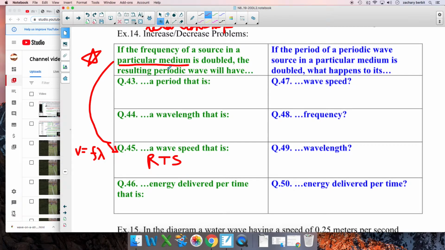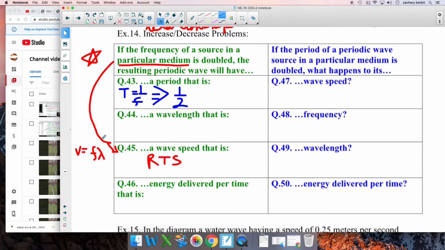So, if the frequency is doubled, so now we know what happens to the period. Well, the period equation, T equals 1 over F, does what it says. So if the frequency is doubled, just put a 2 there. 1 over 2, the period becomes halved.